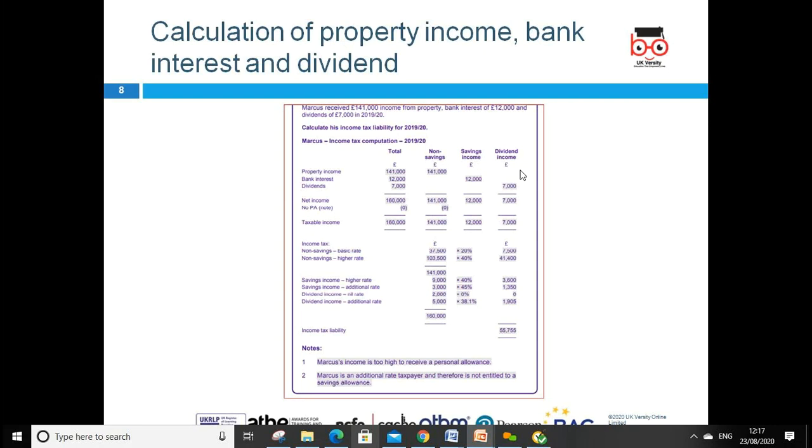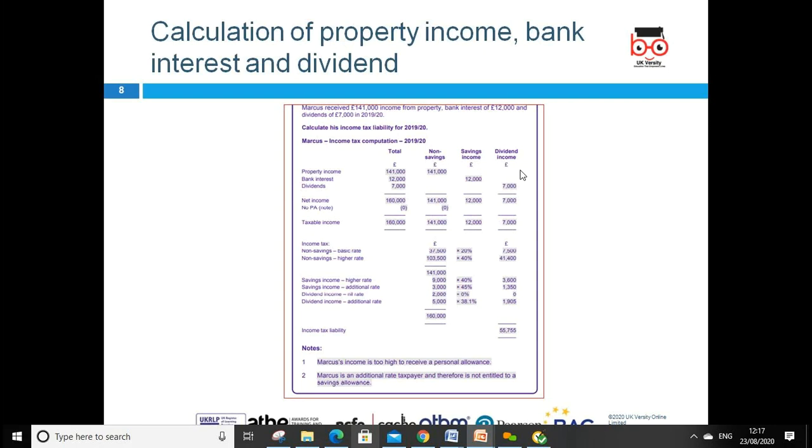Every pound over 100,000 reduces it: let's say you earn 105,000, so 5,000 is more, 5,000 divided by 2, so your personal allowance will be reduced from 12,500 minus 2,500, so 10,000 will be the allowance. Now here 41,000 is more than 100,000, so 41,000 divided by 2 comes to 20,500.